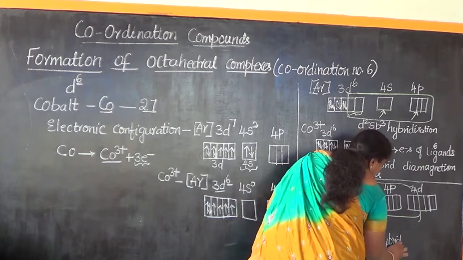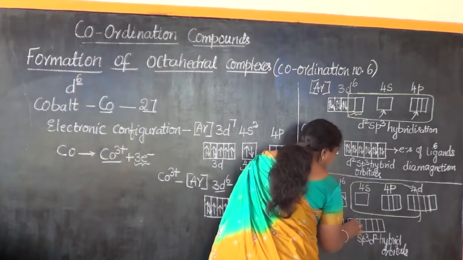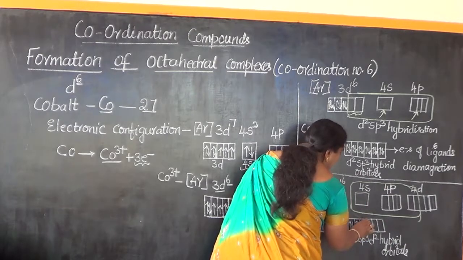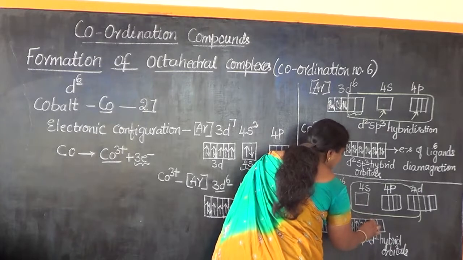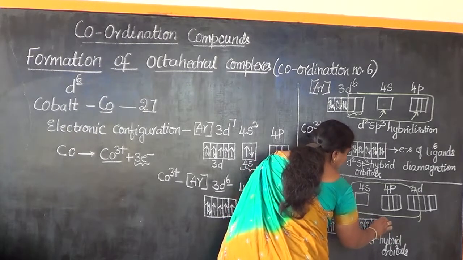Now each one will contain a pair of electrons donated by the fluorido ligand in this particular case. The example of the ligand we have taken is fluorido, F minus.